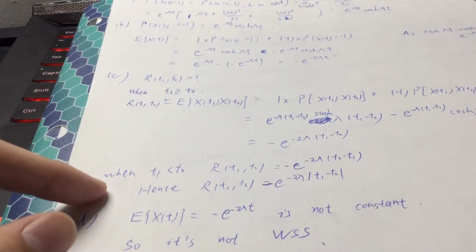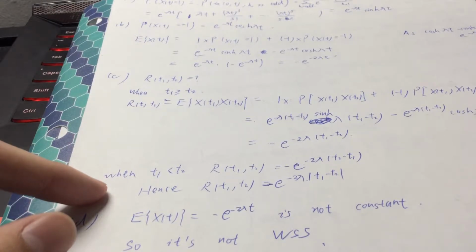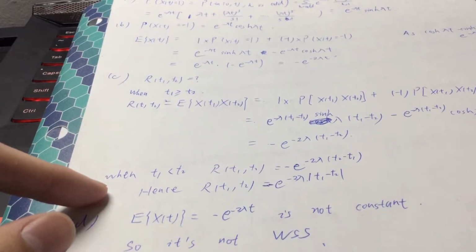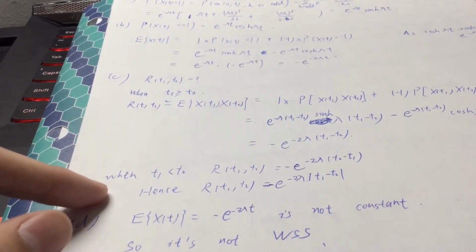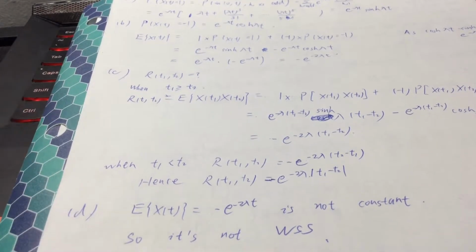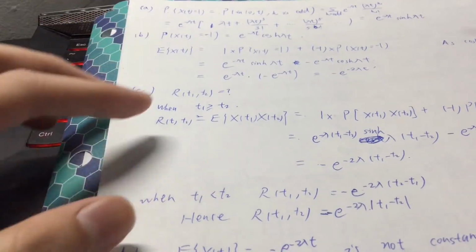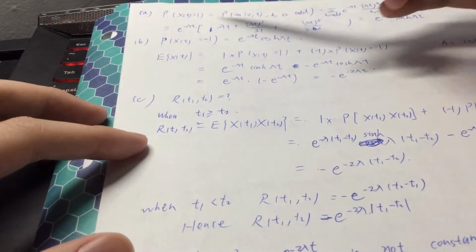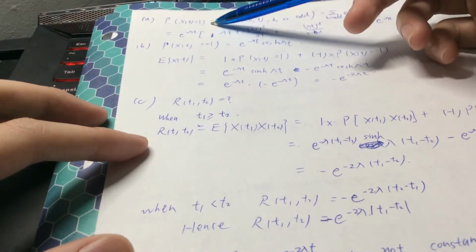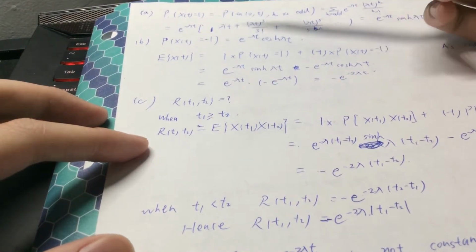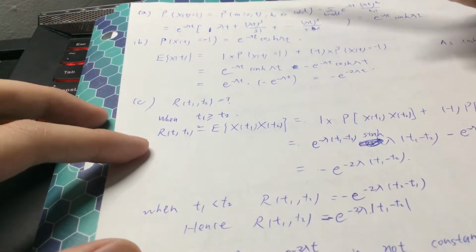From the question we know that it belongs to the Poisson distribution. So firstly we can list the formula, the Poisson formula.